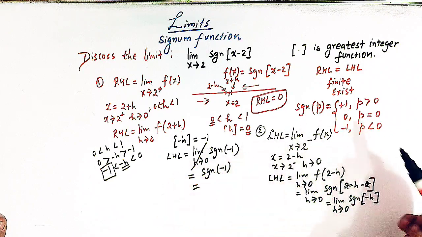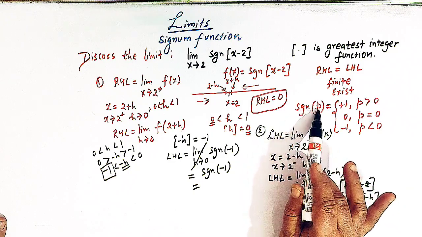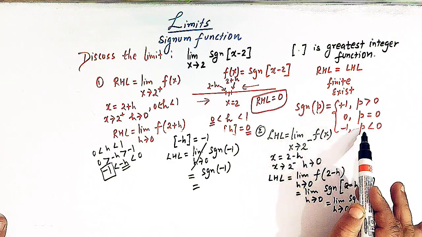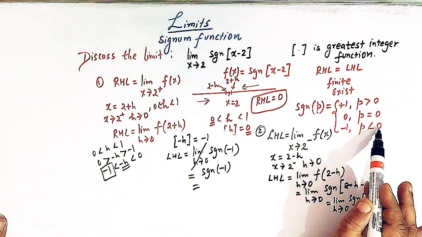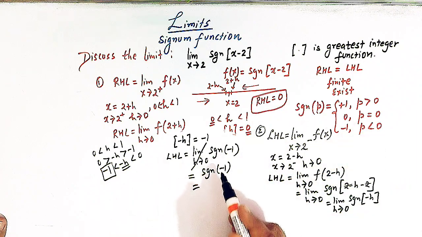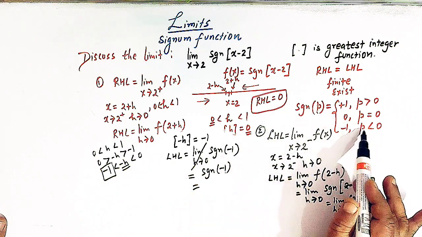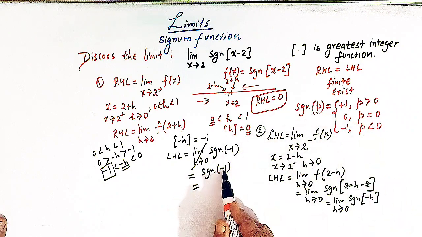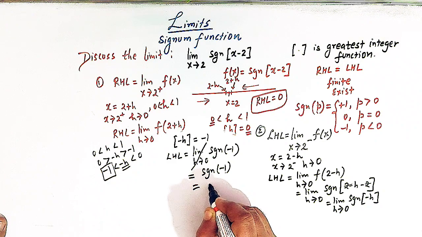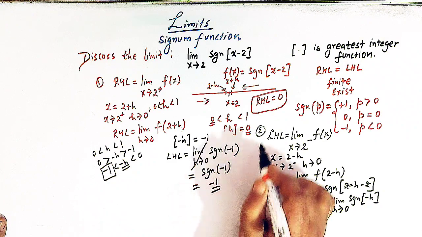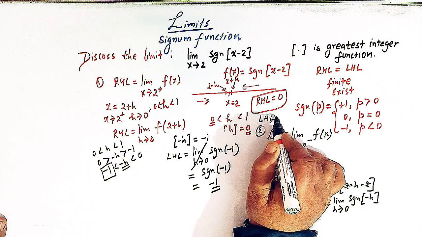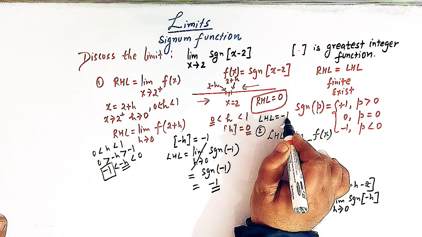Now see, we have defined signum of p as minus 1 when p is less than 0. So here p is minus 1, which is obviously less than 0. So signum of minus 1 is equal to minus 1. Right? So the left hand limit is equal to minus 1.